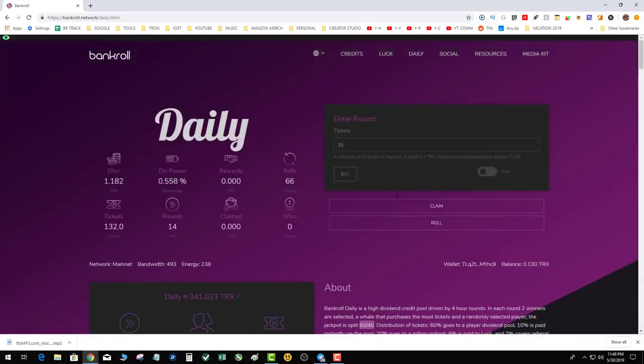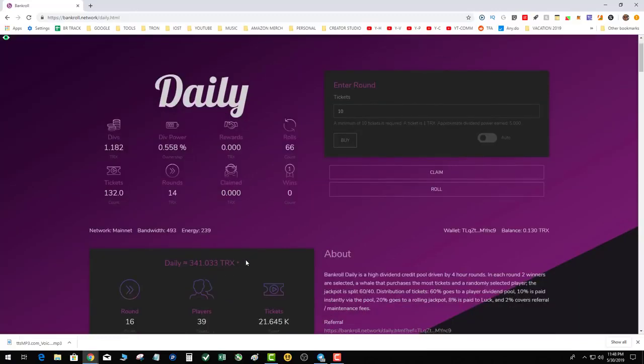So that's how you get into the game. You simply buy some tickets, and this increases your div power, and you start getting your daily drip. As you can see, my divs have changed since I've been on the website, and this continues to go up. So we've covered how to play.